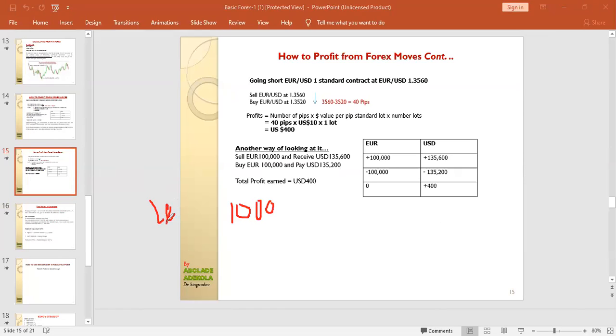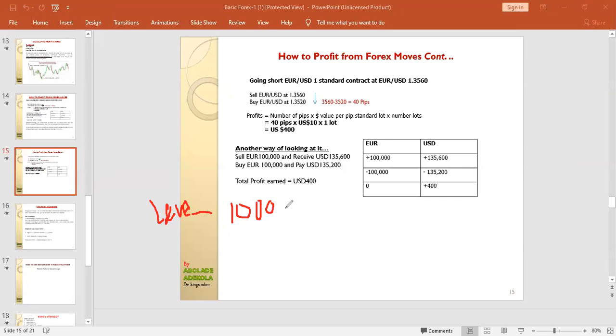Please don't mind my pencil. I just want to be sure you're getting it. So let's say you open an account with a broker and you have selected the leverage of 1 to 1,000. What does this mean?